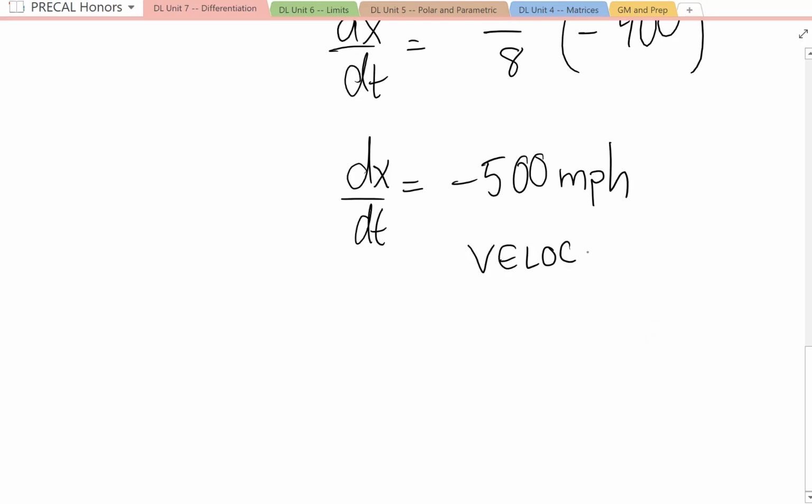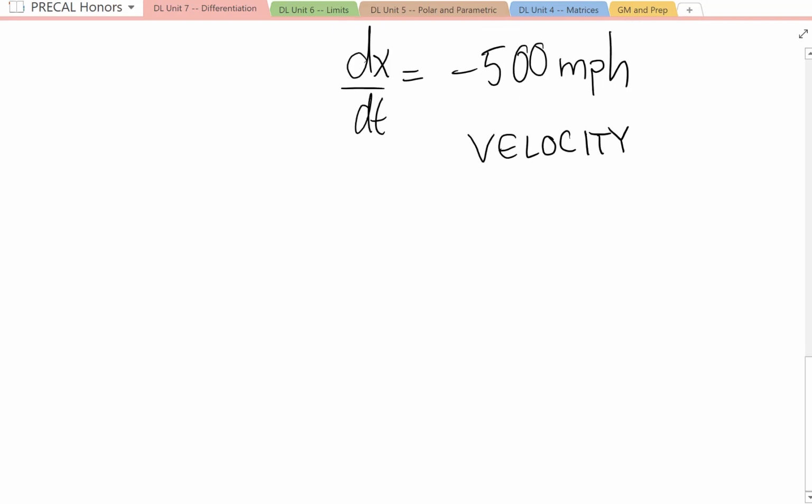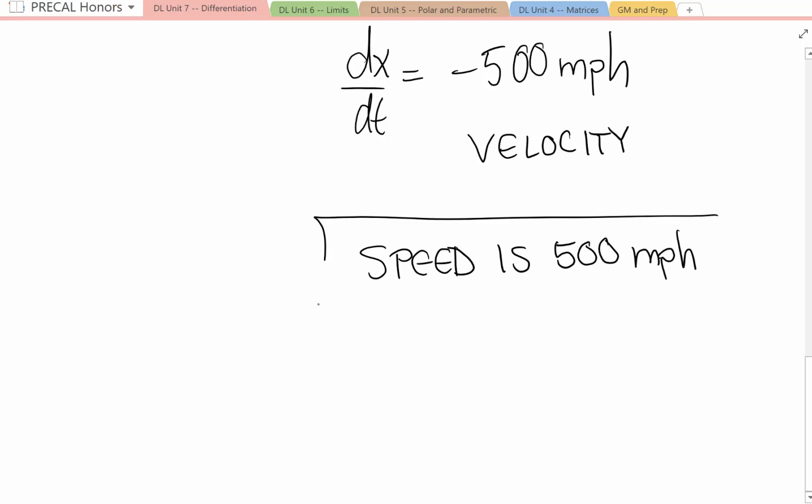Again, it's negative because it's velocity. You're allowed to have negative when it comes to velocity. But the question was asking, what is the speed? Speed is always positive, so the speed of the plane is 500 miles per hour when s is 10 miles.